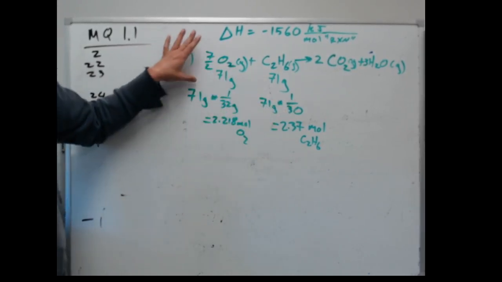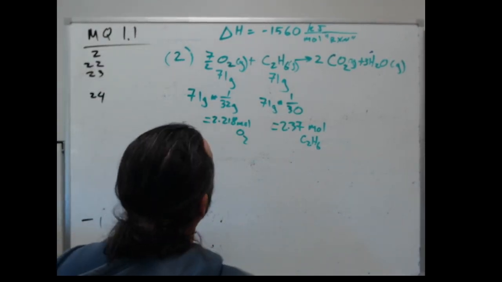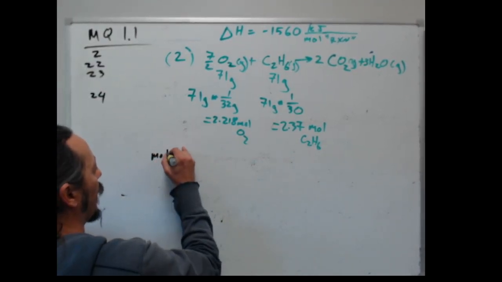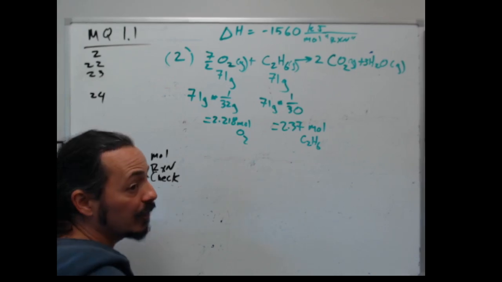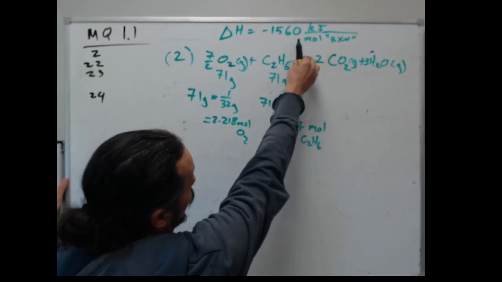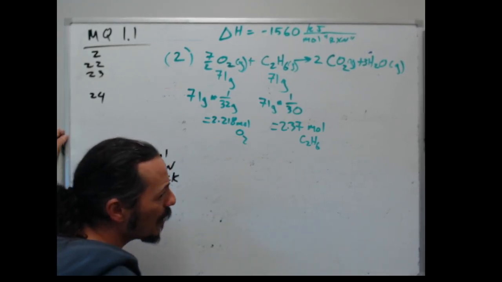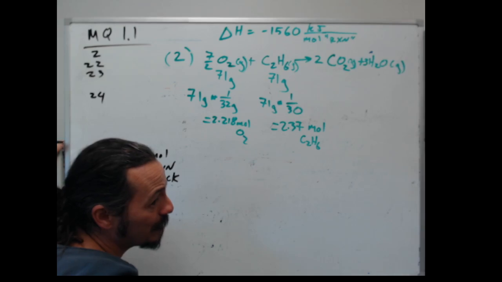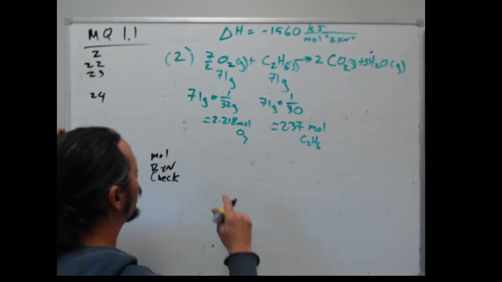So I know that my oxygen is going to be limiting in this case, but we can also do that through the moles of reaction check. And that's going to be really useful this class for this problem because it's already in kilojoules per mole reaction. It's also kind of the easiest way to check, in my opinion. But since most people do the moles produced, I also do that way. The textbook also does moles produced.